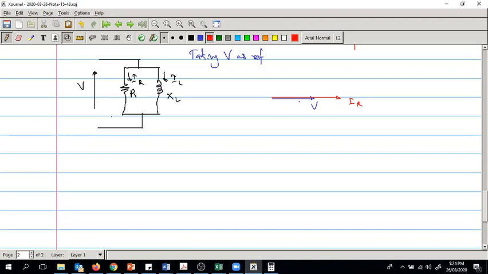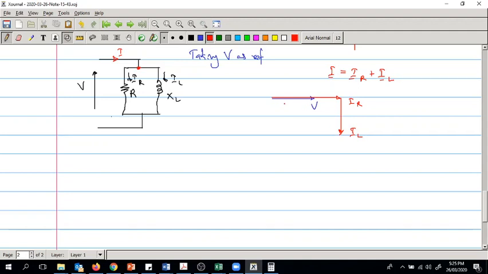IL is which direction? We know that for an inductor, voltage is leading, that means current is lagging, right? So IL. Now from here, if you label this as I, we know that if you apply KCL to this node, I is equal to IR plus IL, right?